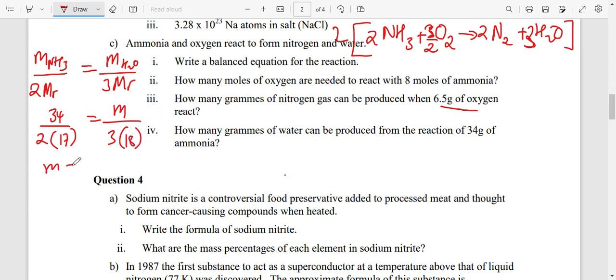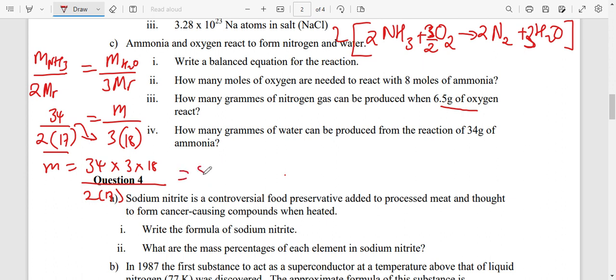So therefore the mass is going to be, we multiply these: 34 times 3 times 18, then divide by this 2 multiplied by 17. Let's see what we get. 34 times 3 times 18, then divide that by 2 multiplied by 17.